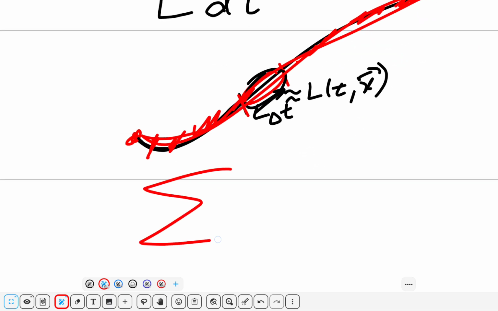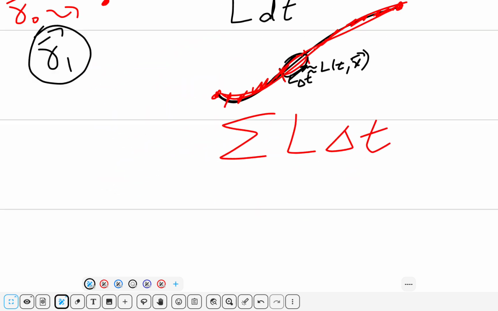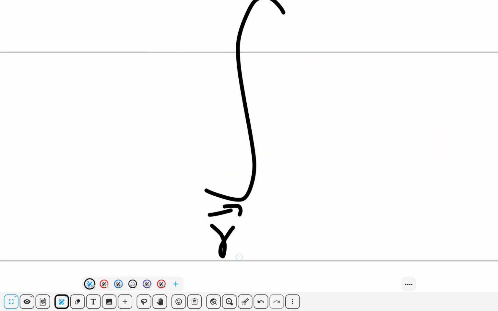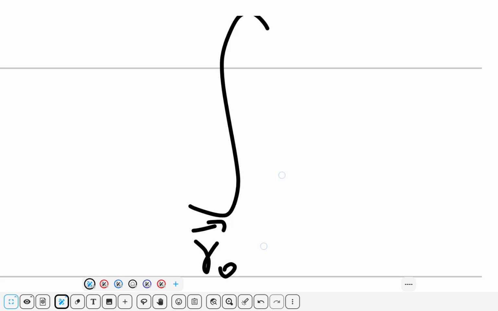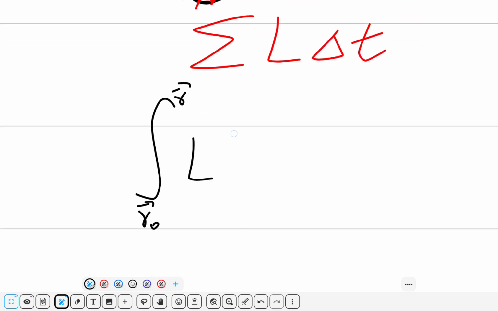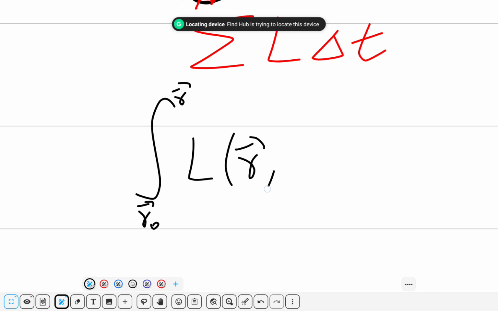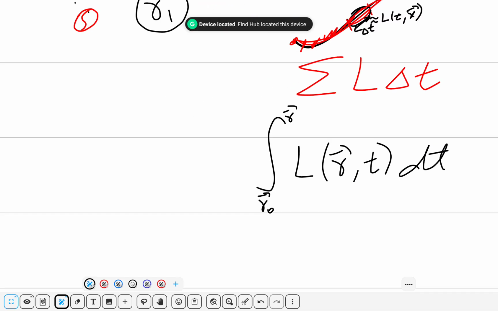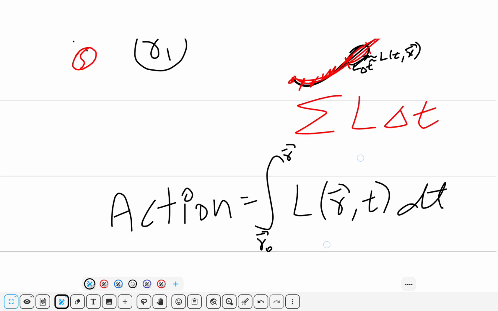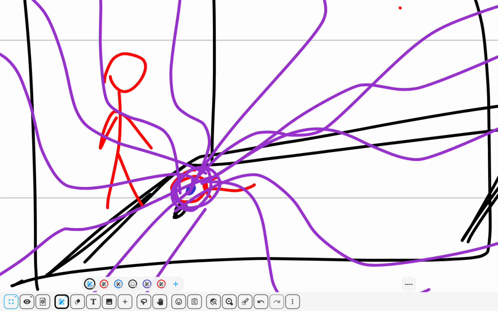Basically you have to add all of them up, and when you do it continuously, it looks like this. Initially it was here, you know where it was, but you don't know where it will go. We will leave it for later, but once you do that, this is called action. So every path, like your particle started from here, right?